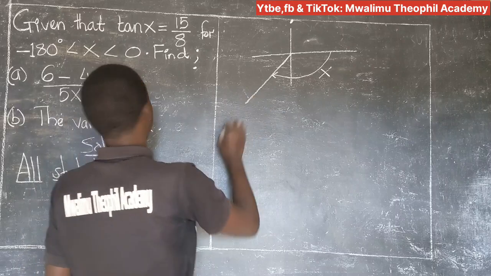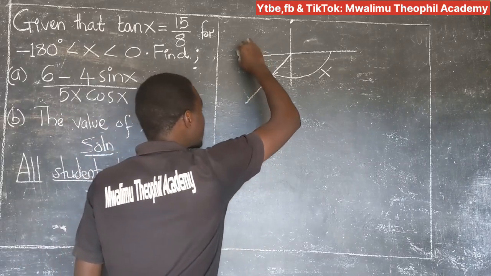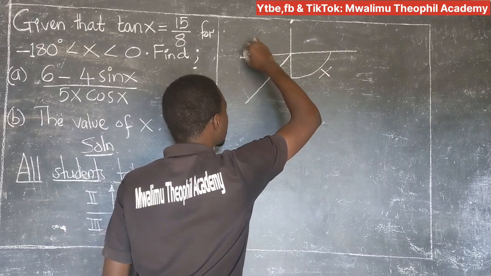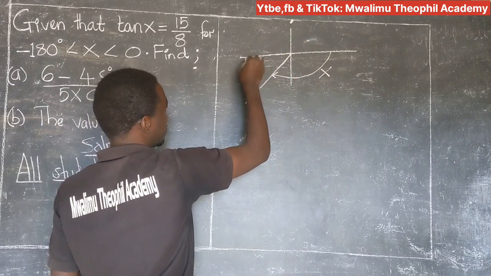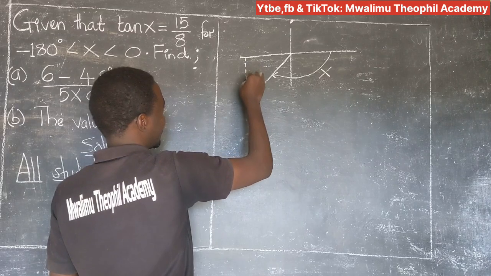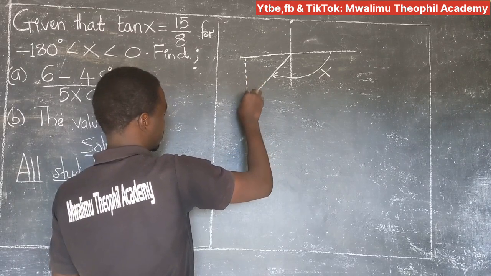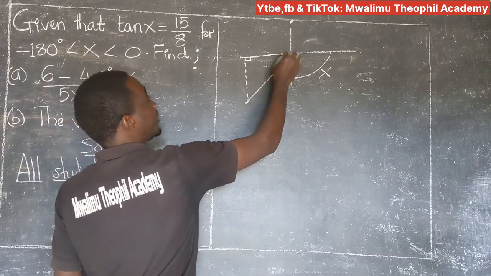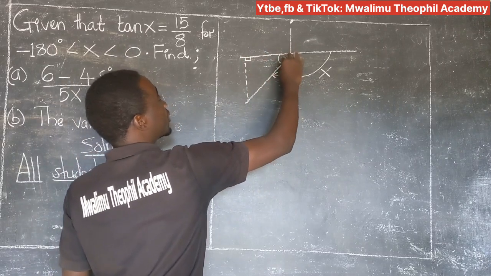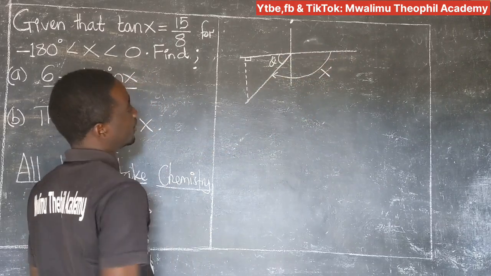After that, we are going to consider the third quadrant. In this third quadrant, we are going to construct a right angled triangle this way. Let's assume the acute angle corresponding to this angle x is angle theta.